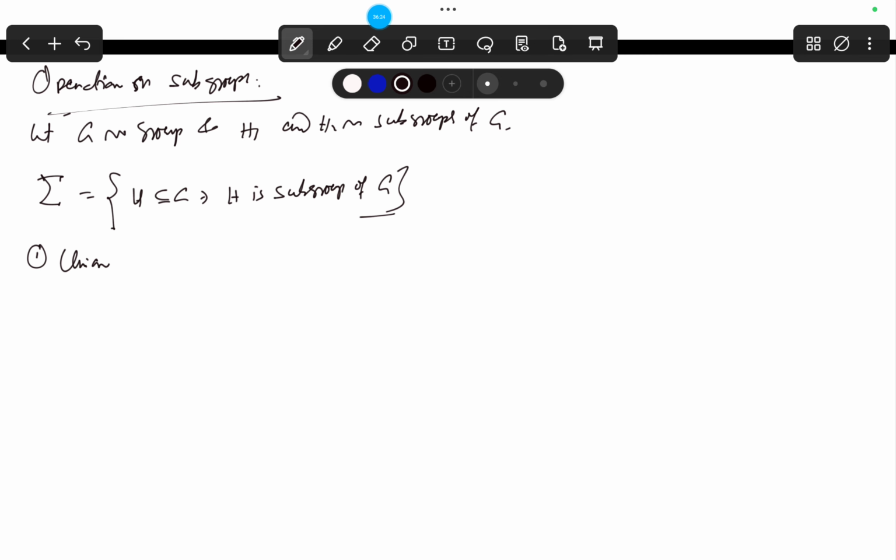If you have any two sets, you will like to have a union of them. Second, you can work on intersection. That is very basic from the set theoretic property. And the third one you can think of is product, that is specially needed for the subgroup.